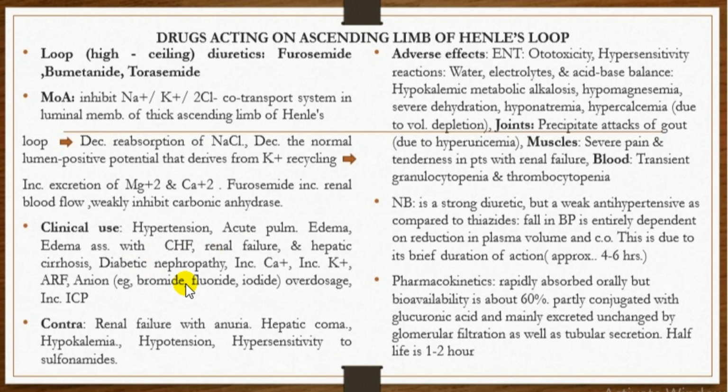Now, when we pick, for example, its use in the management of edema, we realize that these loop diuretics, specifically furosemide, are used irrespective of the cause of the edema. We know the edema can be of a cardiac origin, a hepatic origin, or even a renal origin.